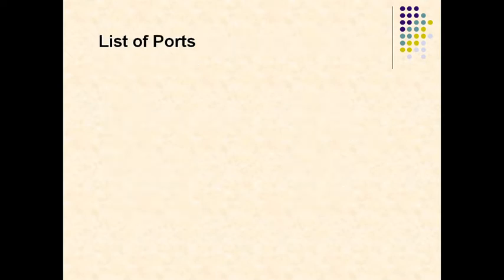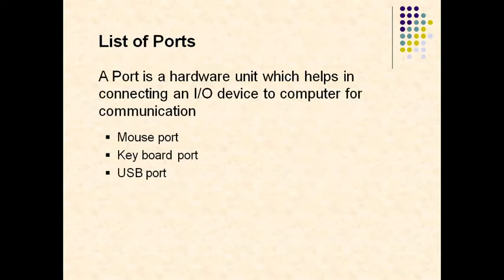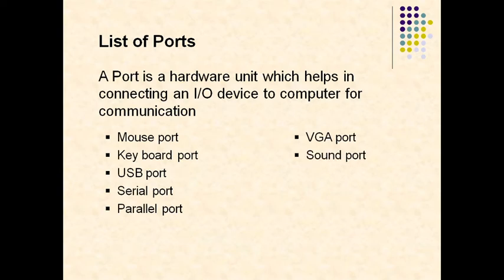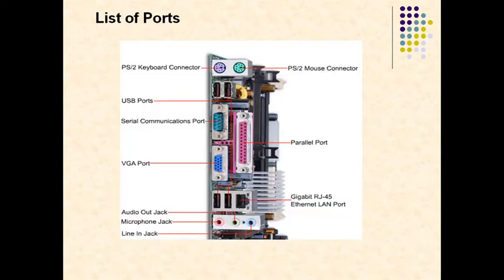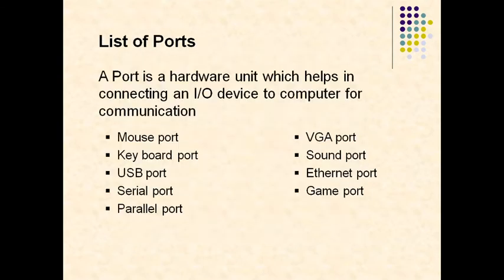Okay students, list of ports. So what are the ports you have in a motherboard? Ports are at the back side of the CPU. There will be connections to connect the keyboard or mouse to the CPU box. You have some connectors; you can call them ports.